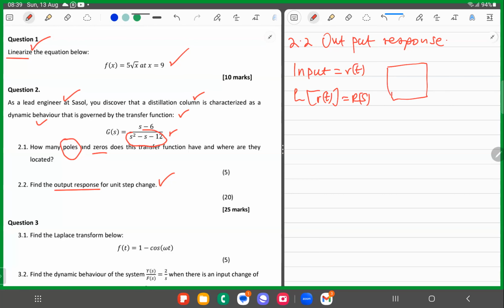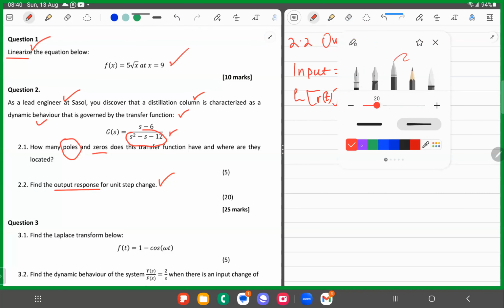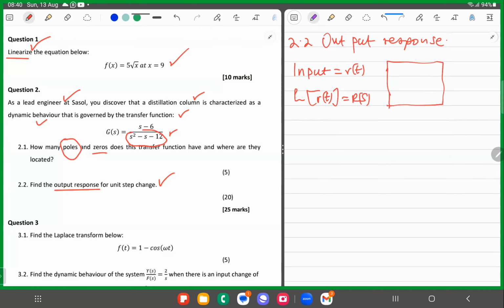Then the next thing is we would have here in the block what we call the linear time invariant system.